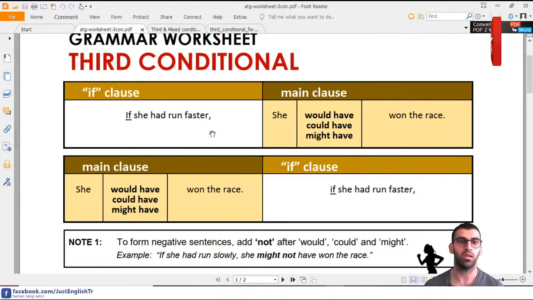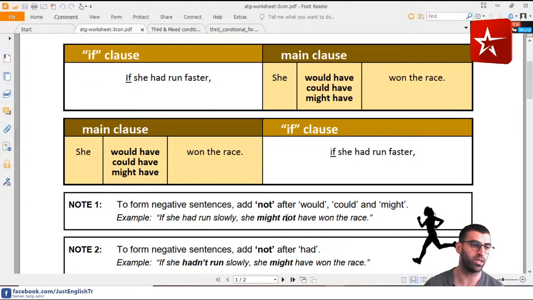The main clause can also come first: she would have won the race, could have won the race, or might have won the race if she had run faster. It doesn't matter, we just don't use a comma before if when it comes after the main clause.